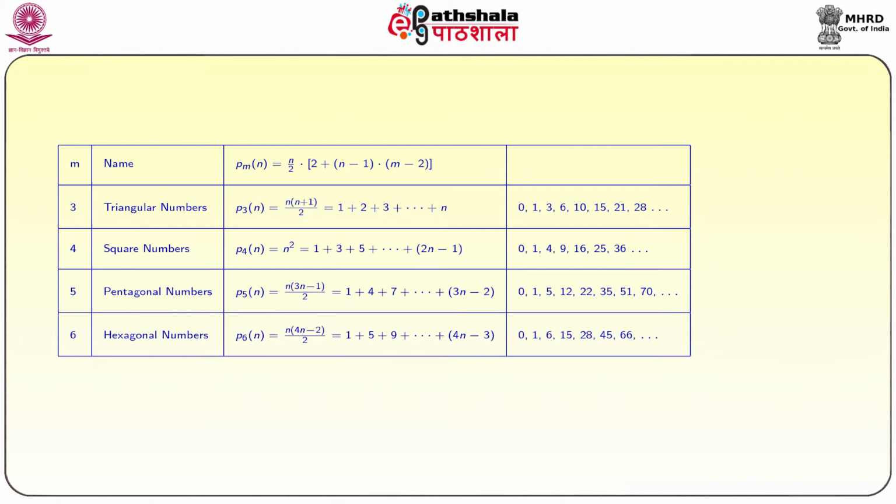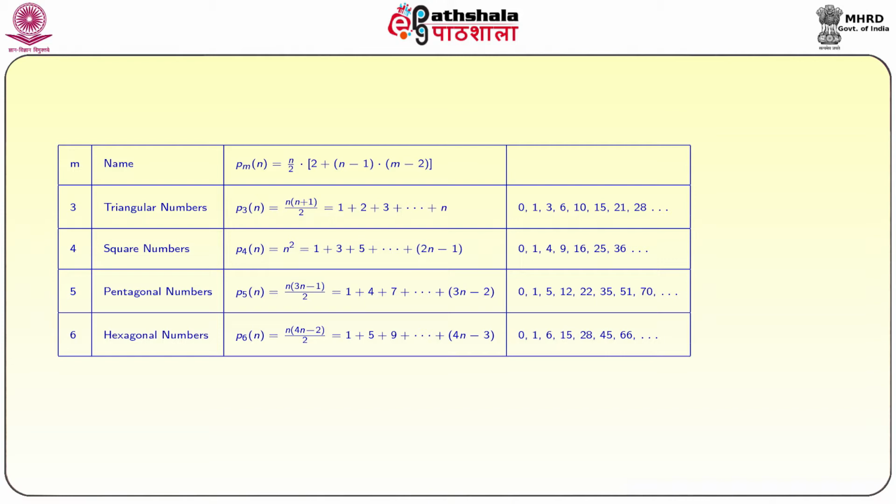If you look at the following table, we defined P_m(n) equal to n/2 times (2 + (n-1)(m-2)). That proof we will see shortly, but before that just look at the other rows of this table. The triangular numbers are denoted like this: P_3(n) = n(n+1)/2.